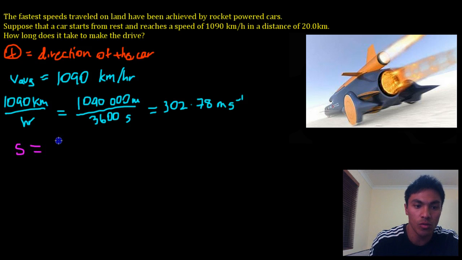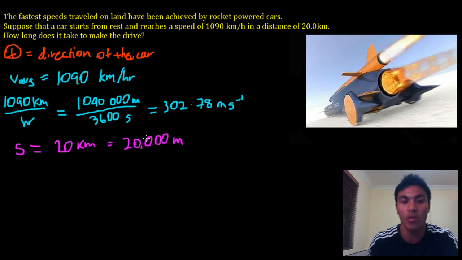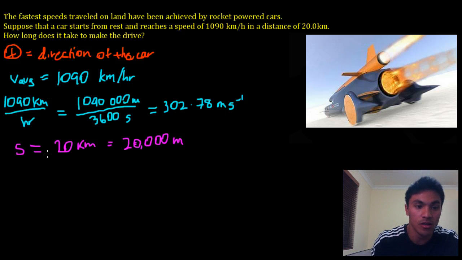is 20 kilometers, which you just multiply by 1,000 to get meters, which is 20,000 meters. Just like the problems before, we want to get how long it takes, so we want to get time in seconds.